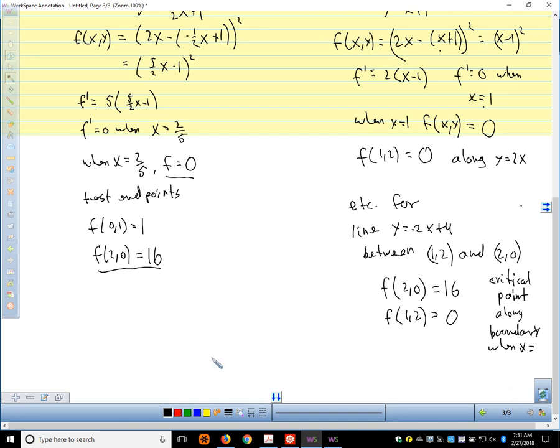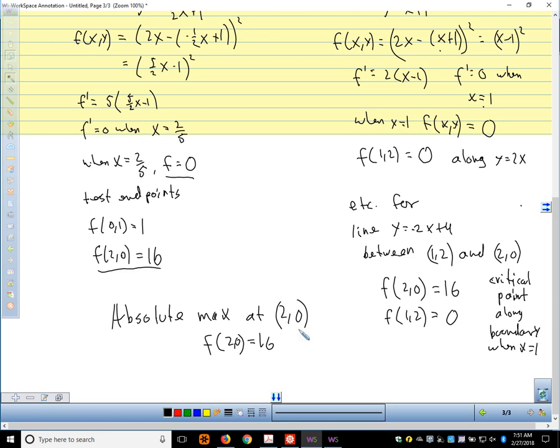So our absolute maximum is at 2, 0, and we know that f of 2, 0 is 16. So the absolute maximum of that function is at 2, 0.